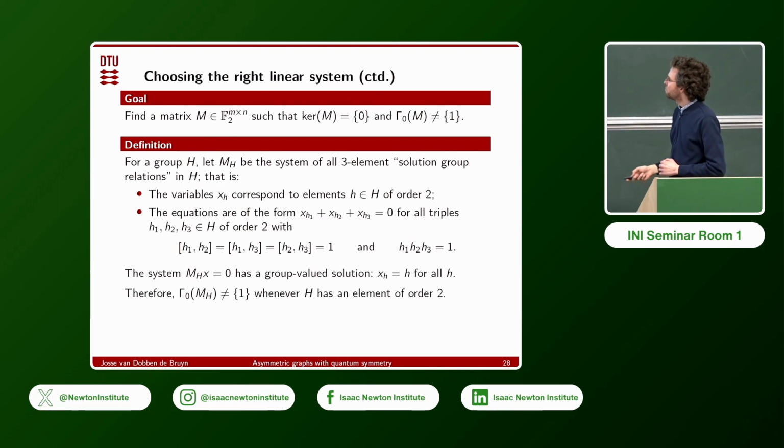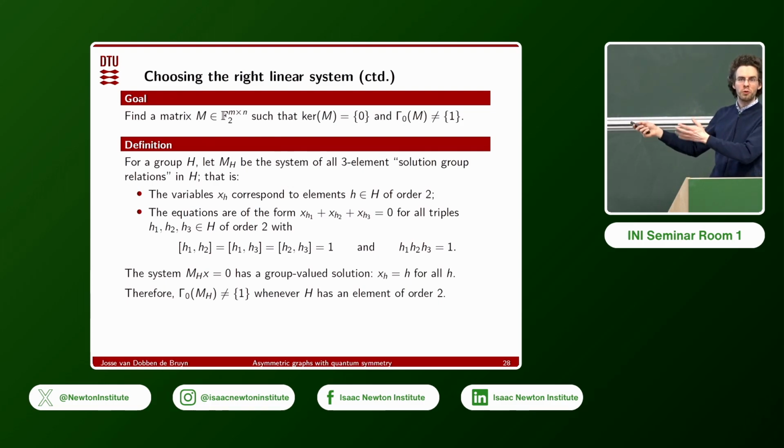So that means that whenever h is an element of order 2, there is some homomorphism from the solution group to the group H, namely the one that sets these universal generators x_h to h. And the image of this homomorphism is non-trivial, so that means that your solution group was non-trivial. So whenever H has an element of order 2, you have a non-trivial solution group, just because there are operator solutions to the linear system.